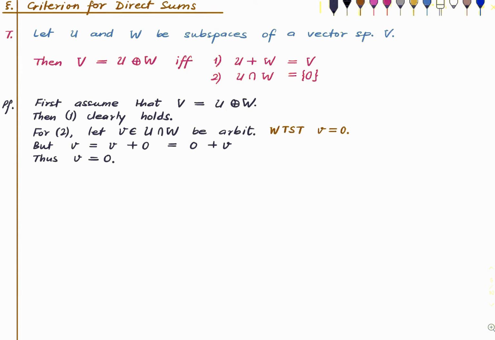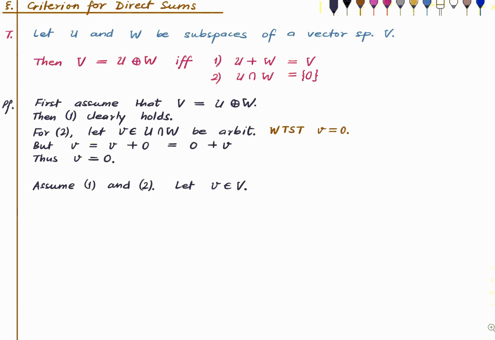So now assume 1 and 2. And now we want to show that V is the direct sum of U and W. So let V be a vector in the vector space. Since 1 holds, one can write this as a sum of a vector in U and a vector in W. Suppose we have two different ways.